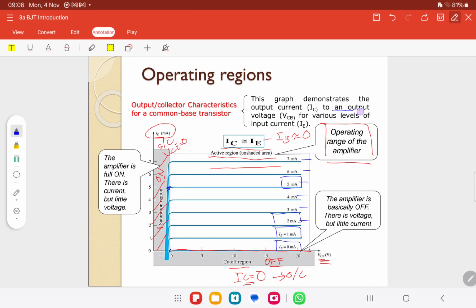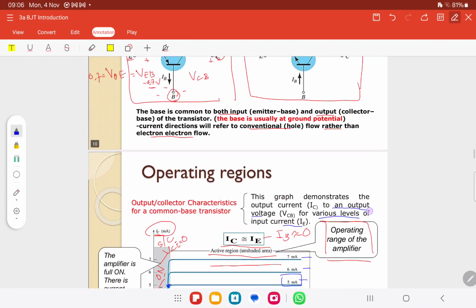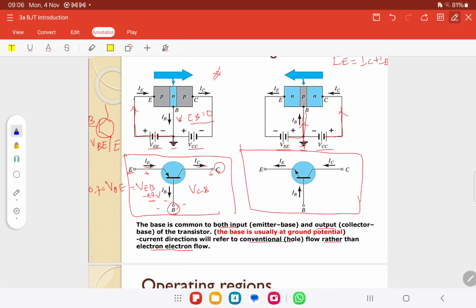IC is an output current versus an output voltage VCB for various level of input current. IE is input. Kalau tengok balik dekat sini, input dia is the IE. Kat sinilah yang kita akan connect with the V in.